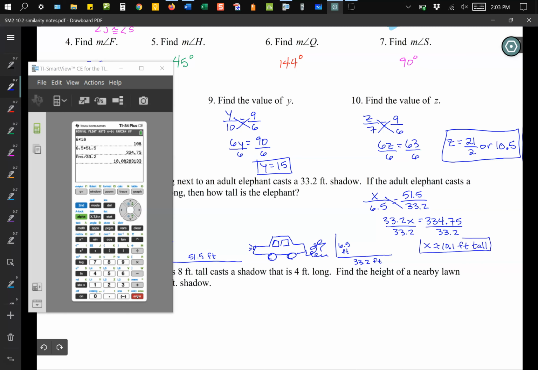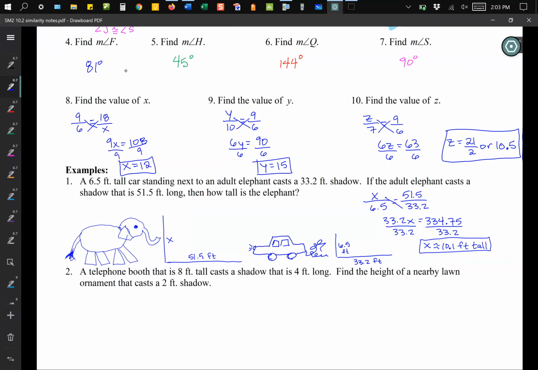Big elephant. Actually, I don't know how tall elephants usually are. May not be bigger than usual.